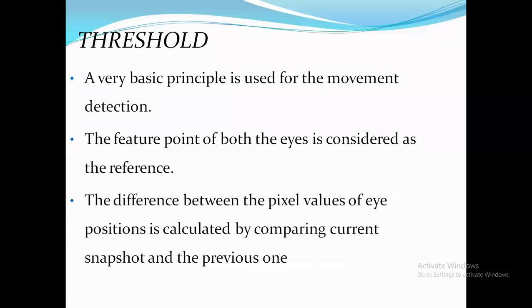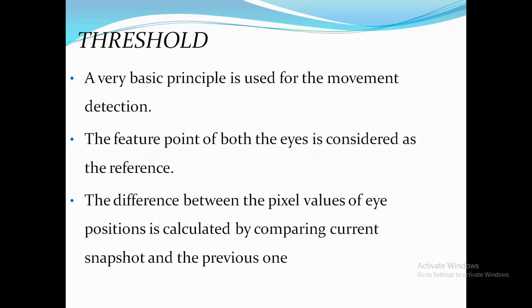The photos that we take are obviously made of pixels. The difference between the pixel values is calculated by comparing the current snapshot and the previous snapshot. There will be a continuous process of taking snapshots.